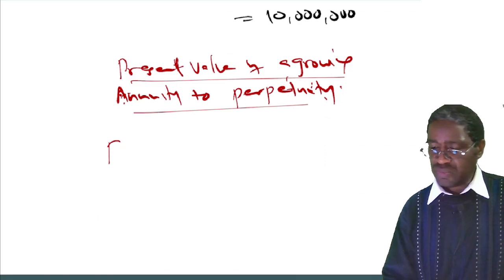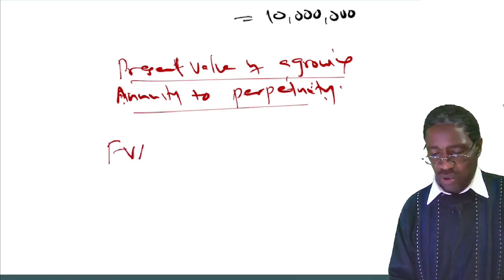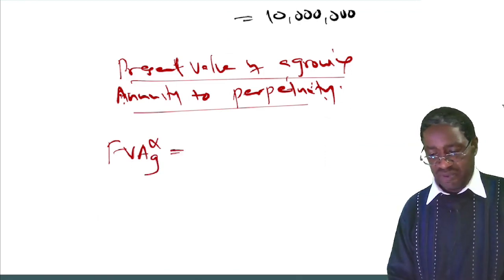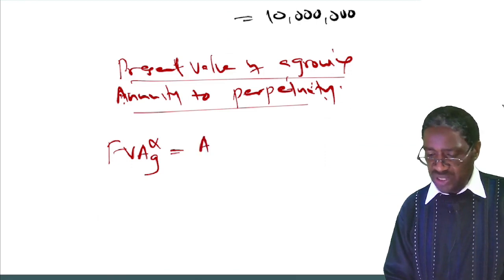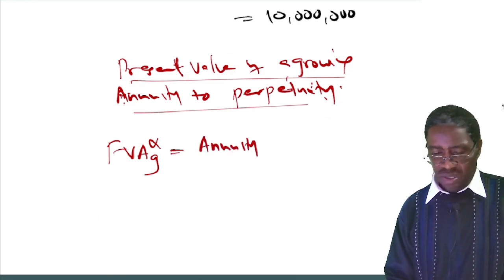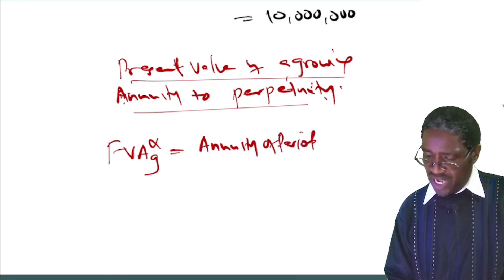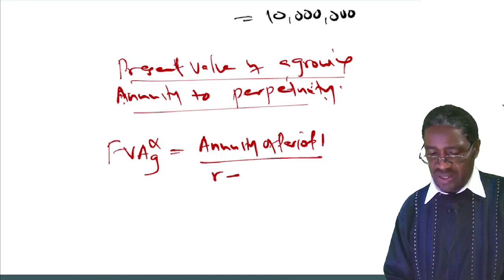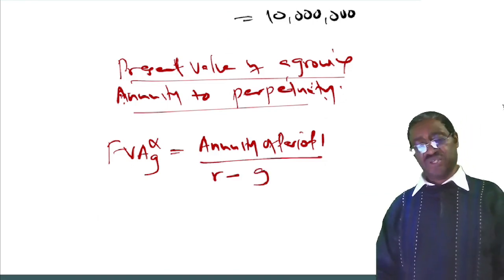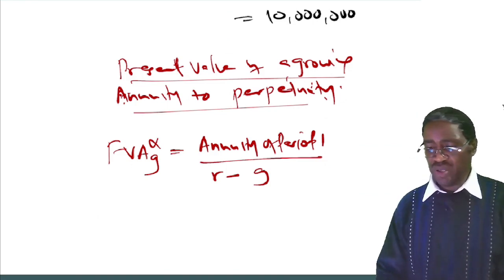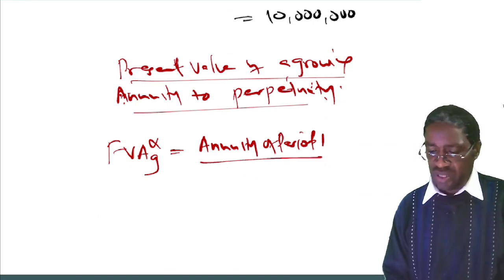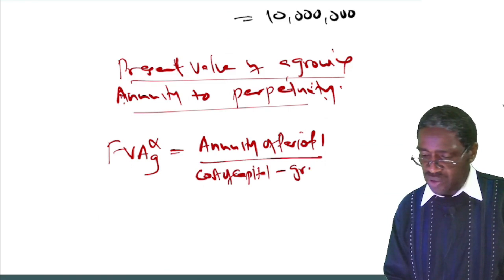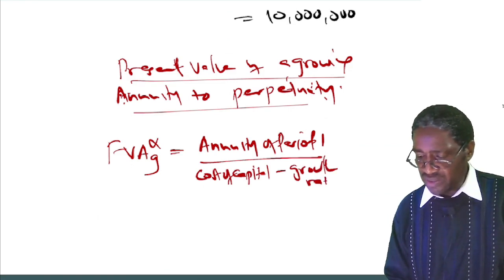The present value of an annuity to perpetuity, but a growing one, is given by the formula: annuity of period 1, divide that by R minus G. Or maybe I can put it in full: R is the cost of capital, cost of capital minus the growth rate. We call it the growth rate.